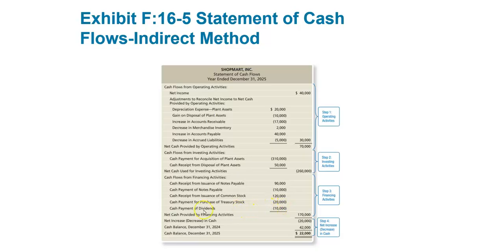This is it right here. Cash payment was subtracted out. Gives us a net cash provided from financing activities. And then when we do the math here, this is a subtotal, 70 minus 260 plus 170 comes out to a net decrease in cash of $2,000.